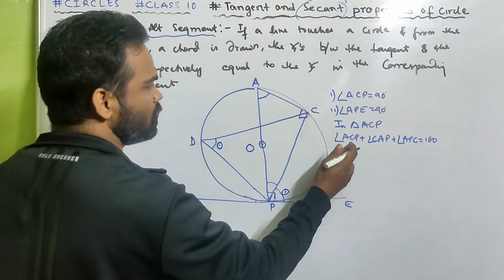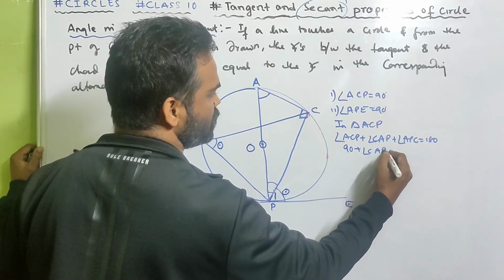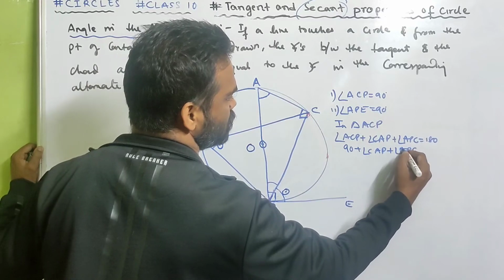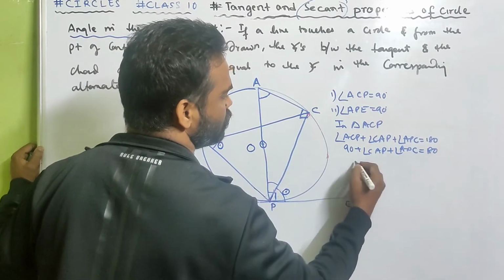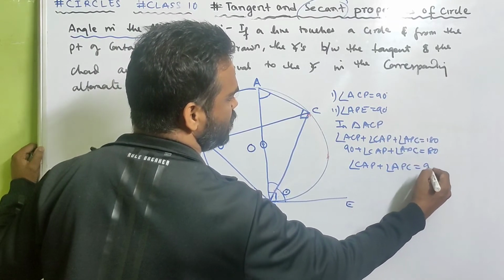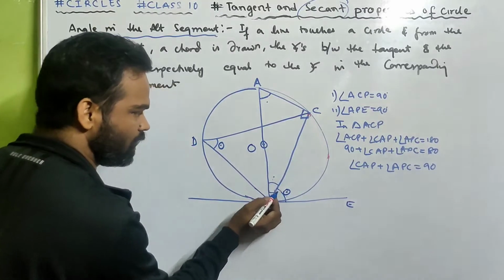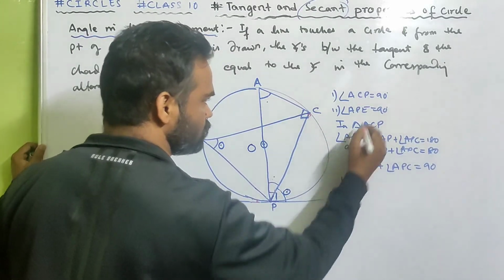ACP is 90, so 90 plus angle CAP plus angle APC is equal to 180, which means angle CAP plus angle APC equals 90.